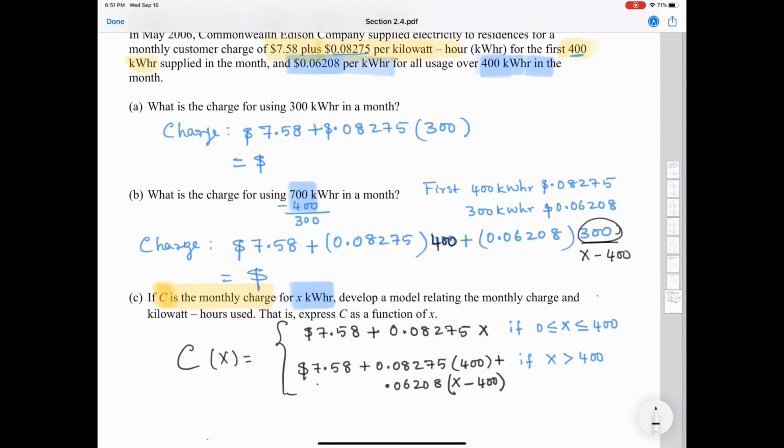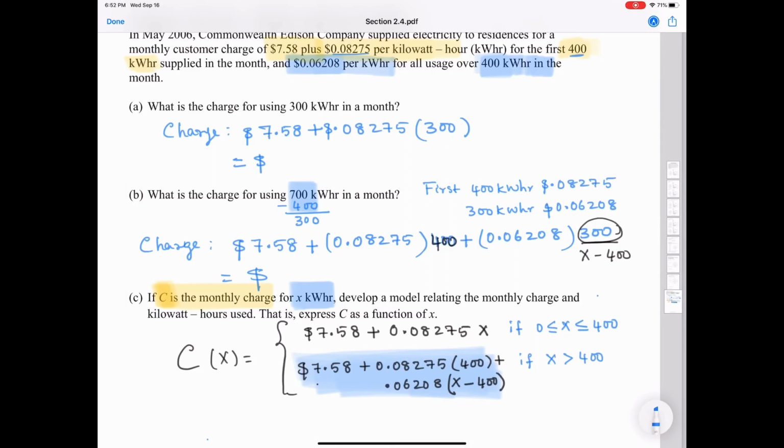Now if you simplify this further, multiply the 0.08275 times 400, distribute the 0.06208 times X and the 400, combine all the like terms, and you will end up with an expression. I want you to finish it. I will be checking it in the reading, because this is just algebraic simplification. Just simplify this expression and write the simplified version.